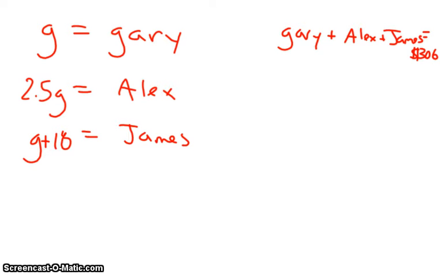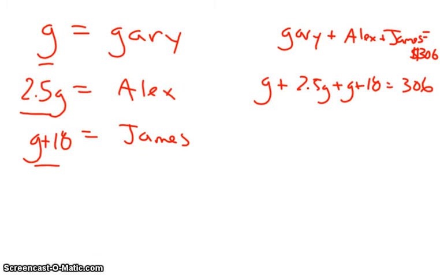If you look now from the chart we made, where G is Gary, 2.5G is Alex, and G plus 18 is James, I can just combine these three things. And I can say that G plus 2.5G plus G plus 18 equals 306.